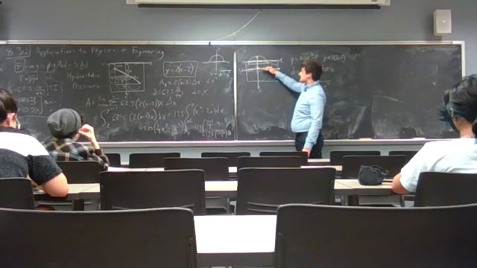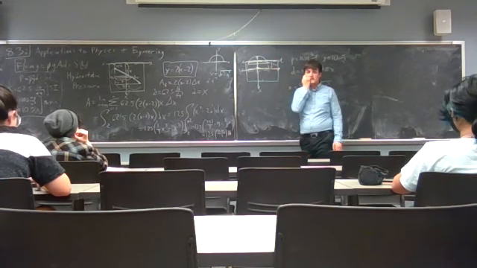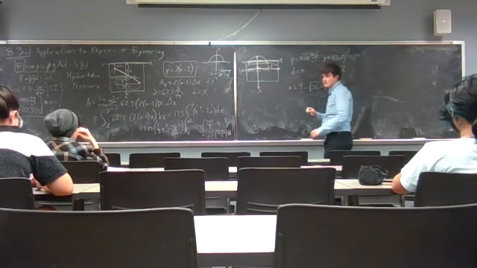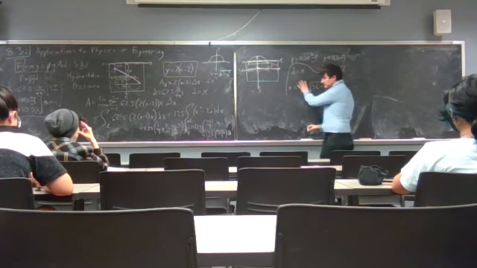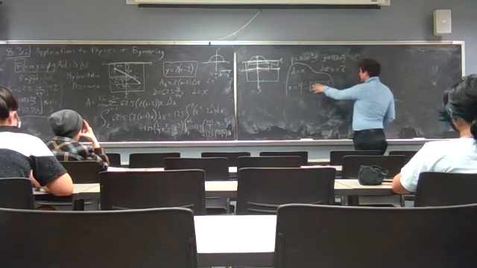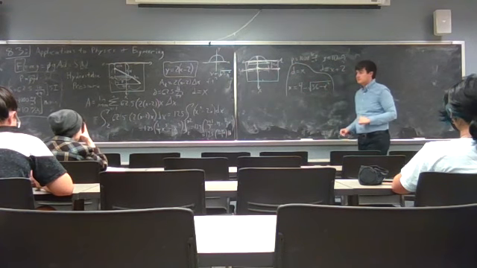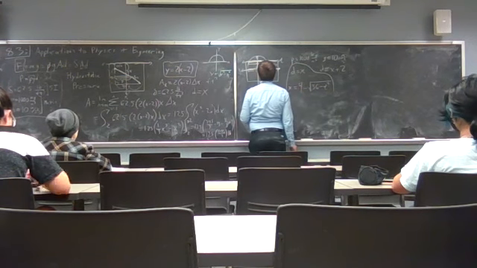Whenever I'm at 0 here, I already have to be 2 down from the surface. So my depth is actually going to be x plus 2. So this is the first case if we do it that way. In the second case, I would just have to say d is x plus 2.